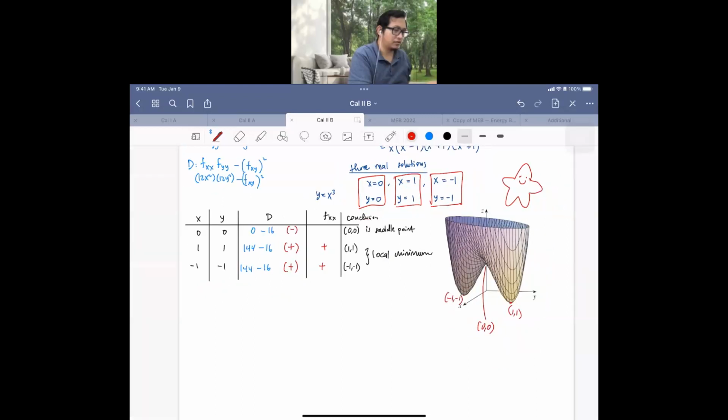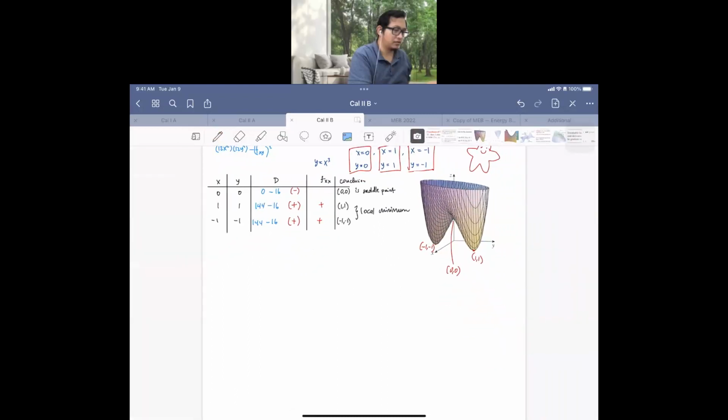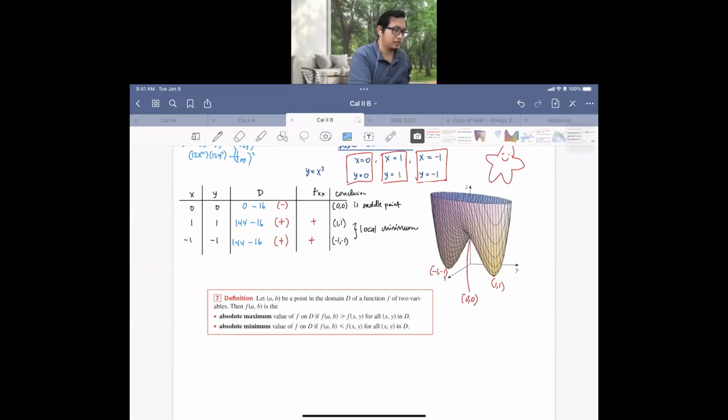And some of the, I think, last two question definitions. I think this is the absolute maximum and minimum for the definitions. Like I mentioned, the early definition for maximum and minimum. So we can tell which point is the absolute maximum or minimum if we compare with the domain.